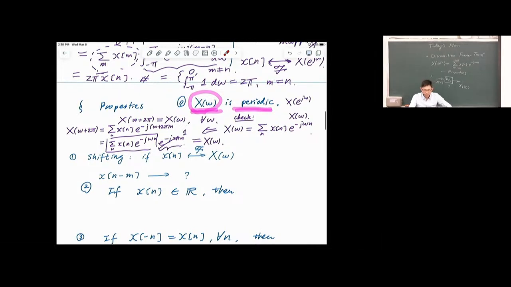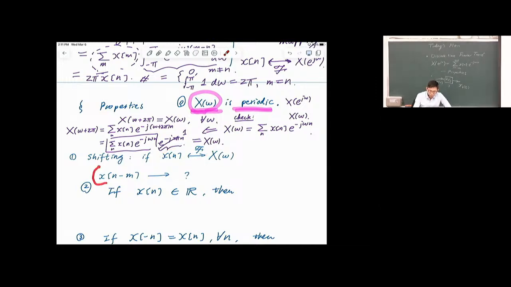Next thing, we have the shift theorem. So my notation goes this way. Next property: if x[n] corresponds to big X of omega, if they form a time frequency pair, x[n] in the time domain, big X in the frequency domain.